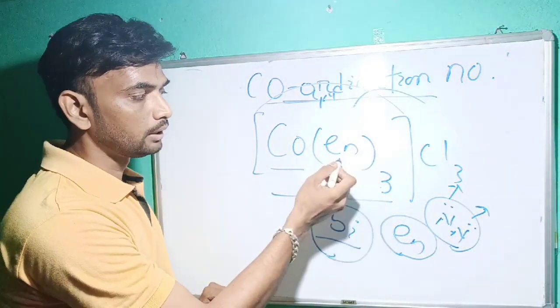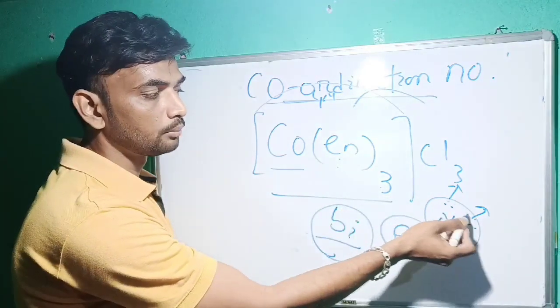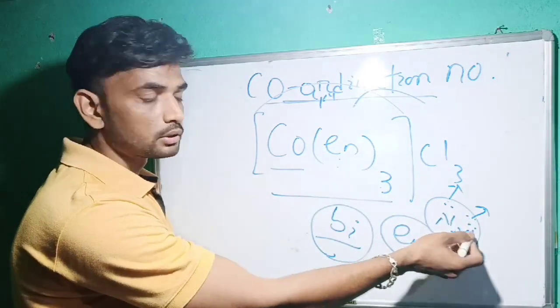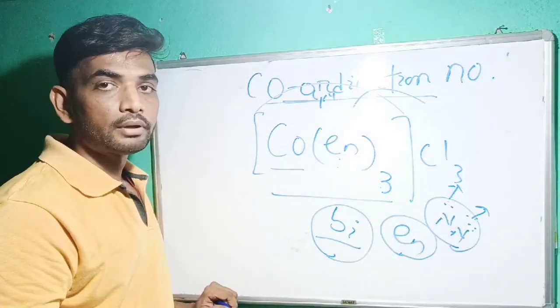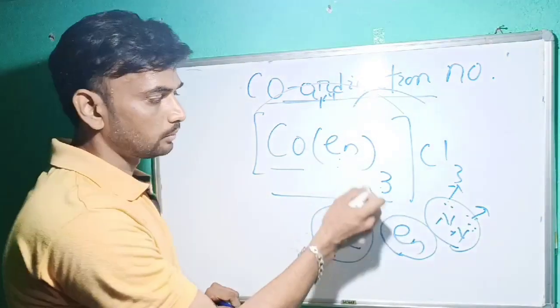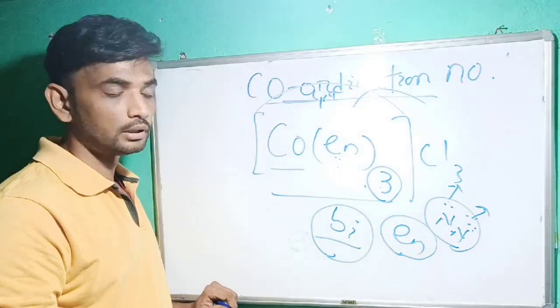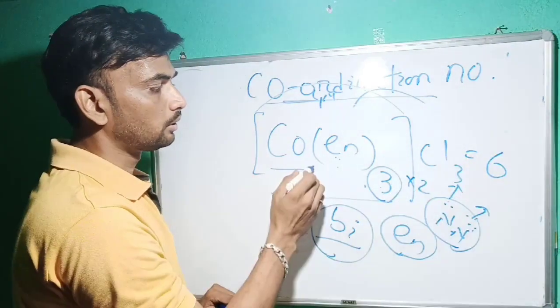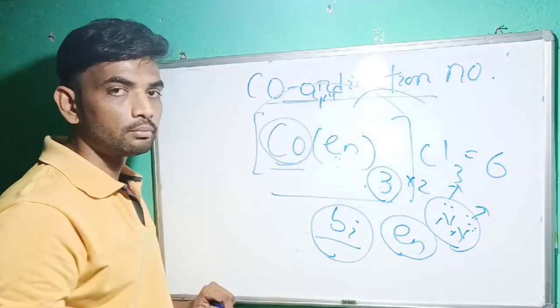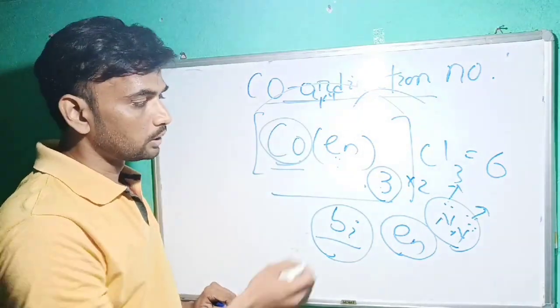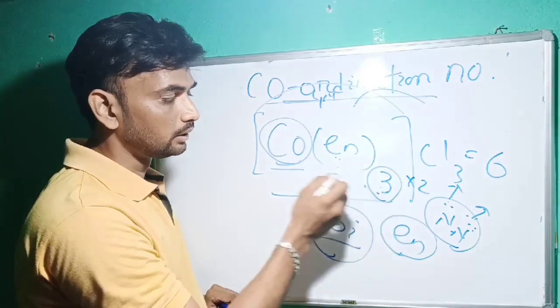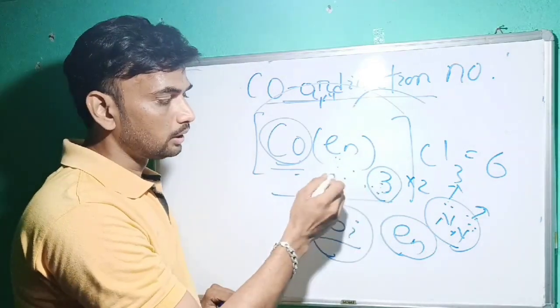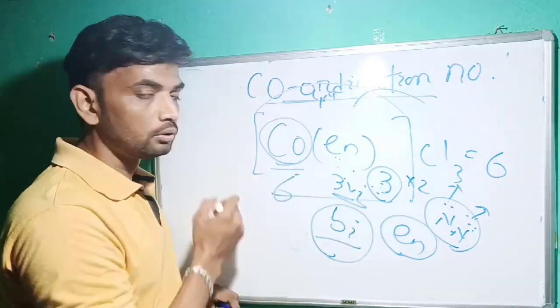So one en donates 4 electrons and forms 2 coordinate bonds. Similarly, 3 ethylenediamine here form 3 into 2 is equal to 6 coordinate bonds with the cobalt. That's why for a bidentate ligand, the coordination number in this case is 3 into 2 equal to 6.